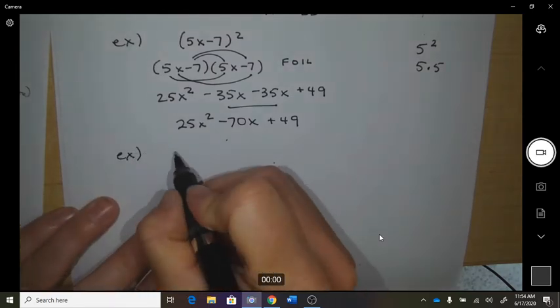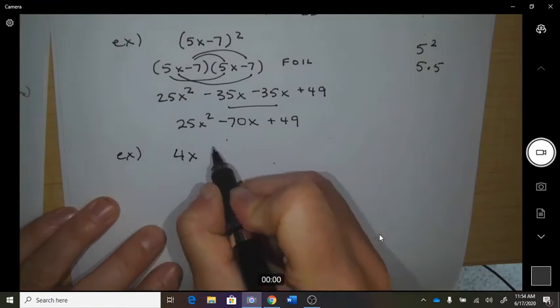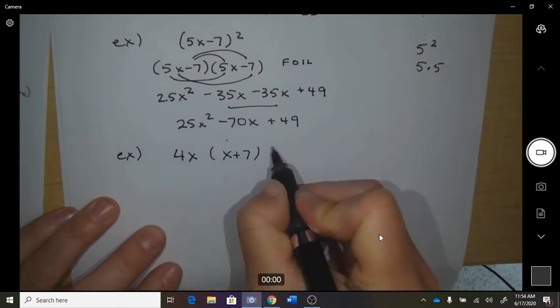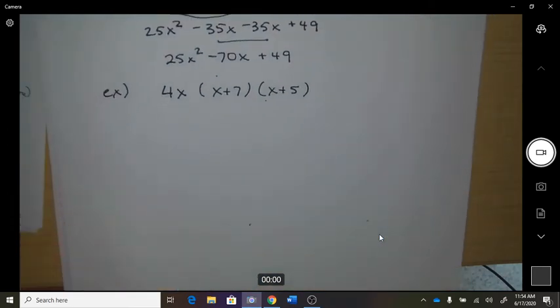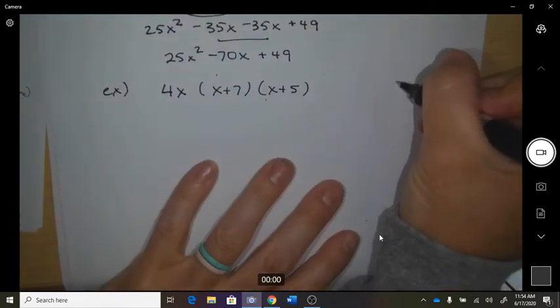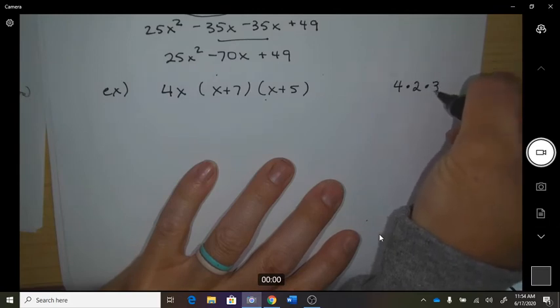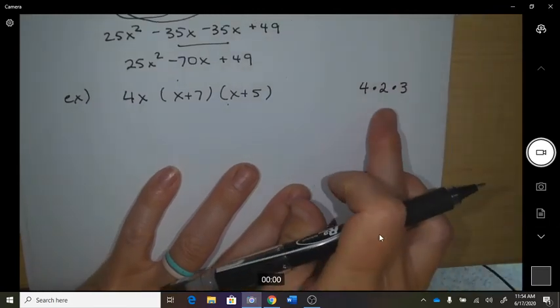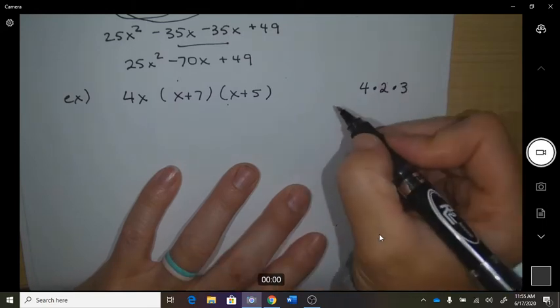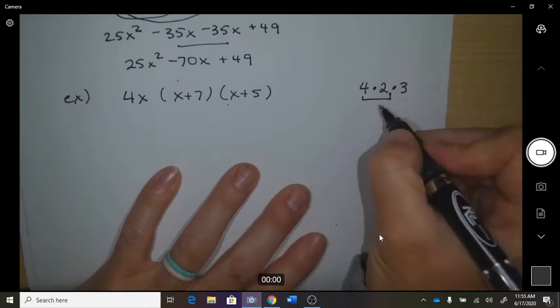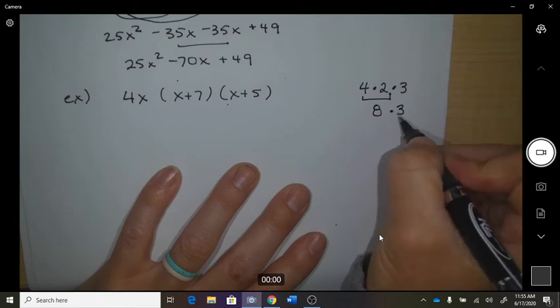Okay, next one, I'm going to do a monomial times a binomial times a binomial. I'm just going to give you a number example here. If we had something like 4 times 2 times 3, how would you multiply that? You would multiply 2 of them first, and then by the last.